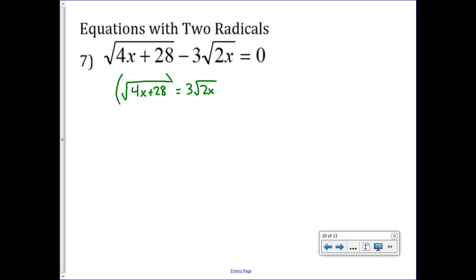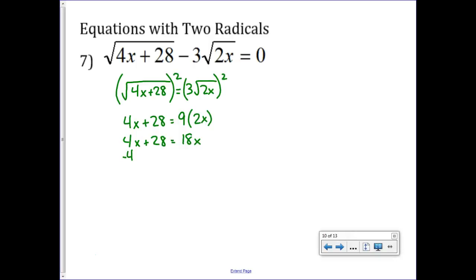So then when I square here and square here, I end up with 4x plus 28 is equal to 3 squared, 9, times 2x. So I end up with 4x plus 28 is equal to 18x.